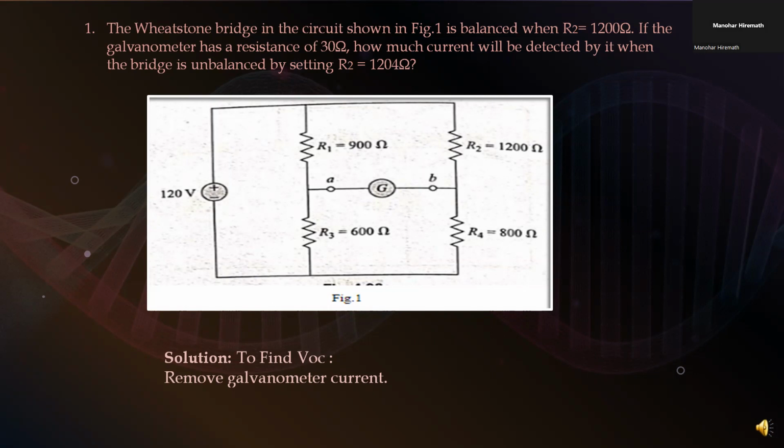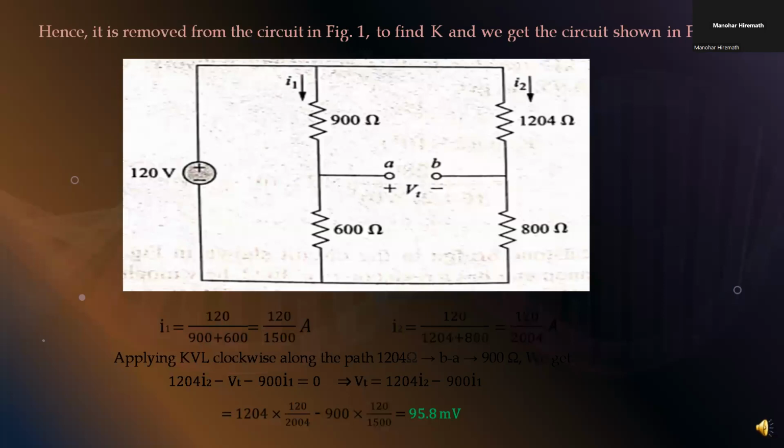So, the solution: to find VOC, first we have to remove the galvanometer from the circuit, which is connected between A and B. After removing it, we have to find the voltage at the points A and B where the galvanometer was removed.